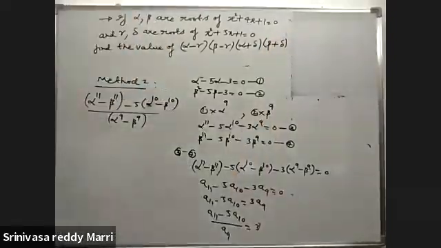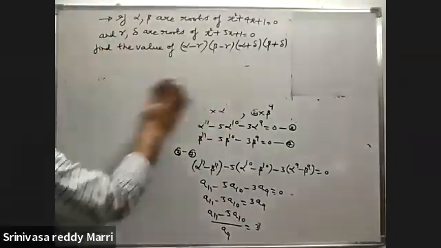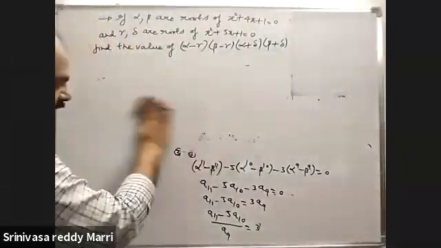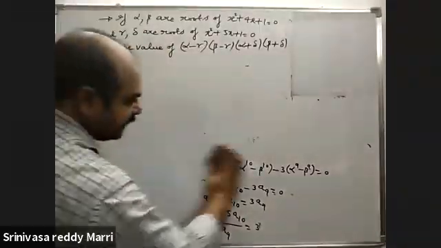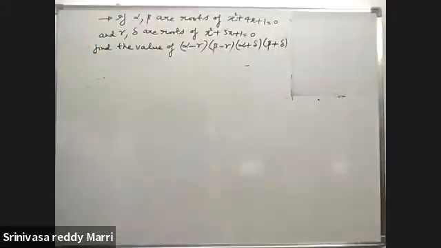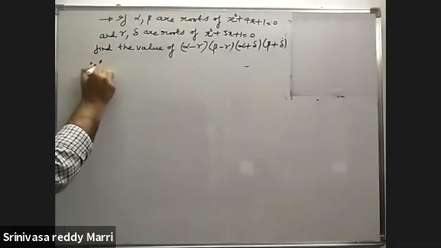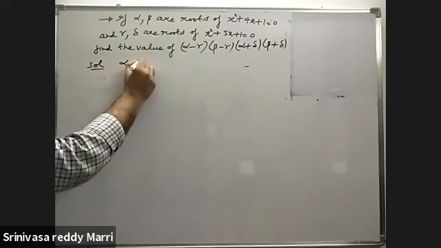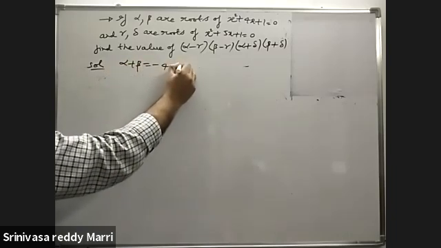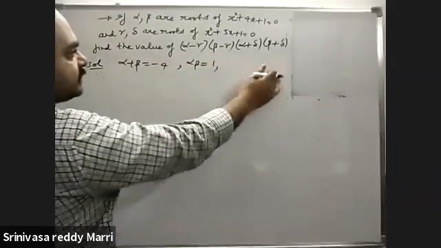That symbol is delta. Alpha, beta, gamma, delta. You know, that is a four-factor product you have to calculate. By looking at the four products, it is completely laborious multiplication if you do it directly. So the first step everybody will write: alpha plus beta is minus 4, alpha beta equal to 1, because this is regarding this equation.